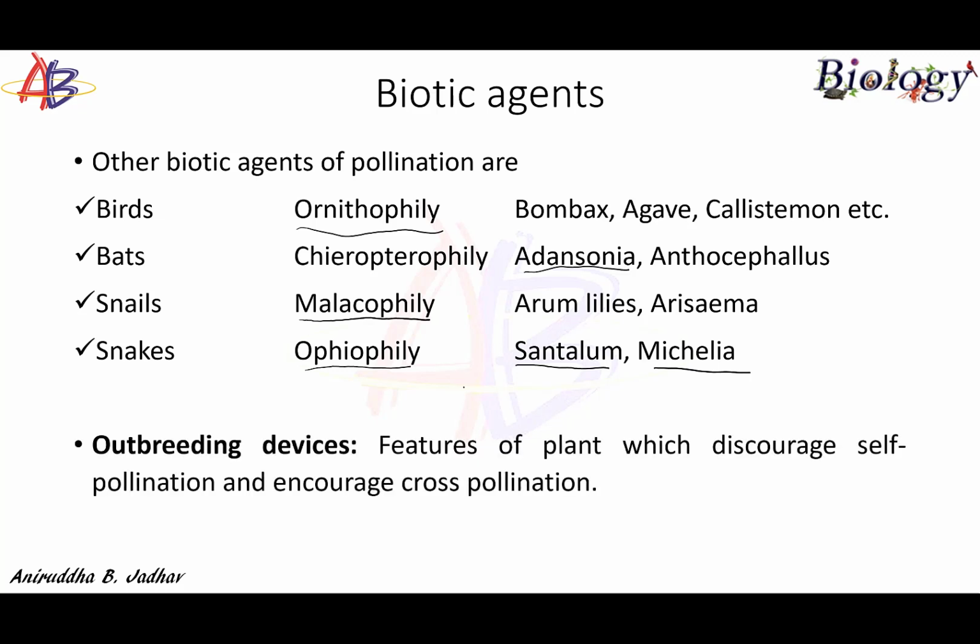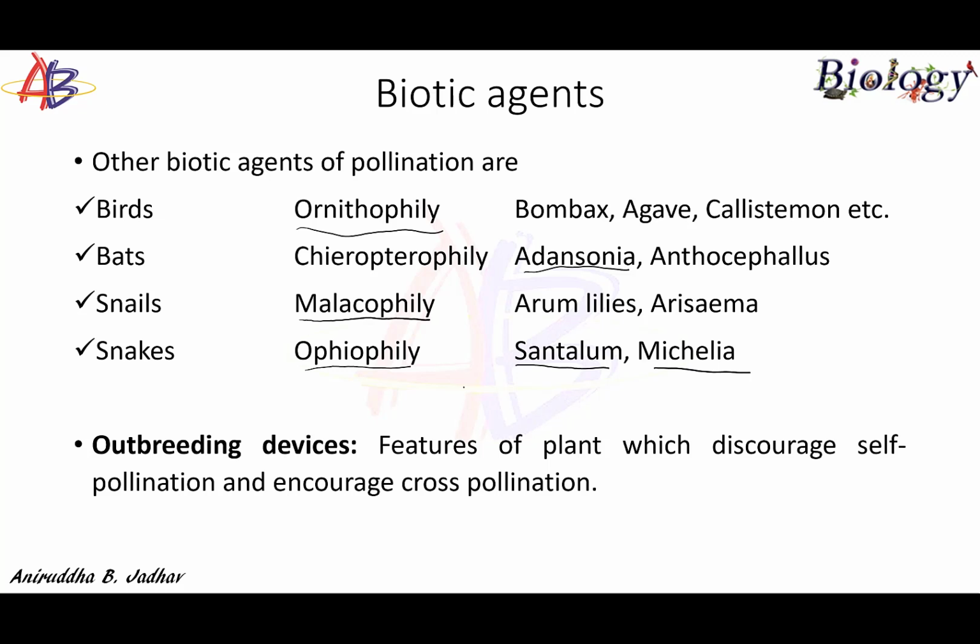And there is one more concept termed as outbreeding devices, right? Outbreeding devices simply means the features of plants which discourage self pollination and encourage cross pollination, right? We already have discussed such features in adaptations related to cross pollination, or xenogamy or allogamy, so we are not discussing them again.